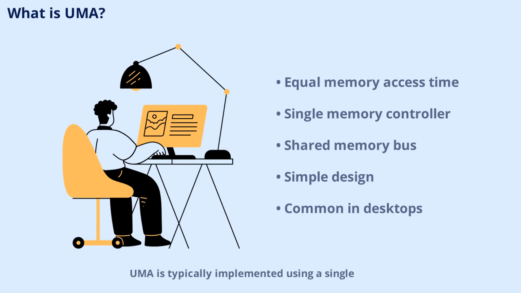UMA is typically implemented using a single memory controller and a shared memory bus, making it straightforward to design and manage. This architecture is common in small-scale systems like desktop computers and low-end servers, where simplicity and cost-effectiveness are important.